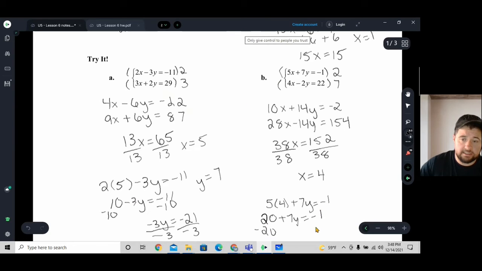Subtract 20 from both sides. 7y equals negative 21. That means y equals negative 3. Let's check. 4 times 4 is 16. Negative 2 times negative 3 is 6. 16 plus 6 is 22.